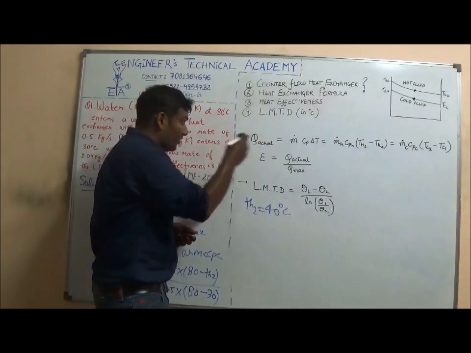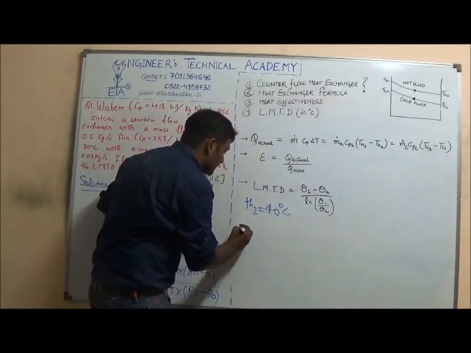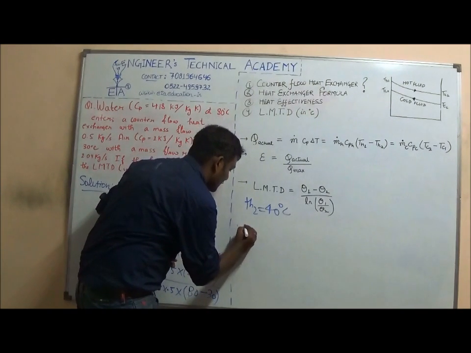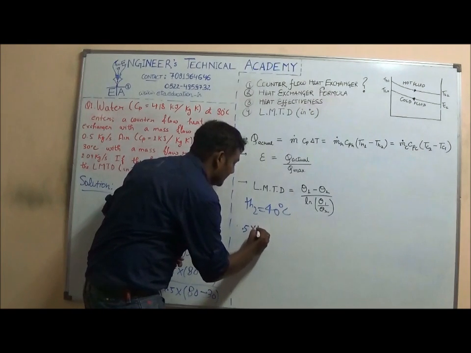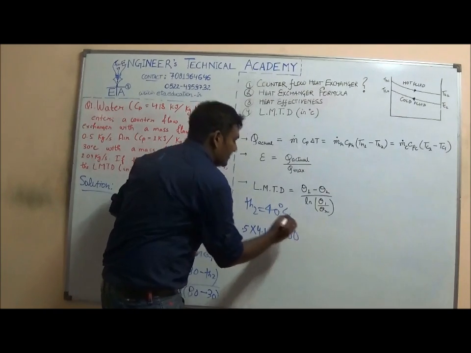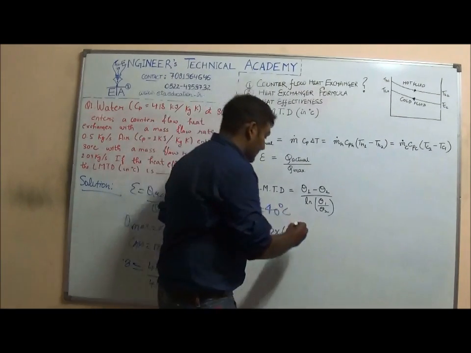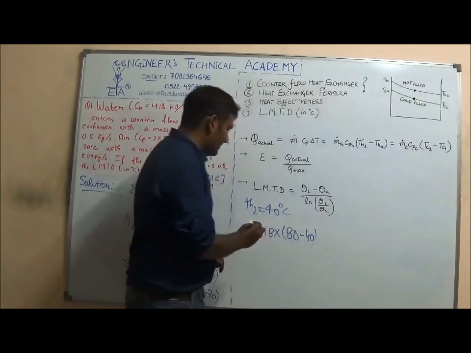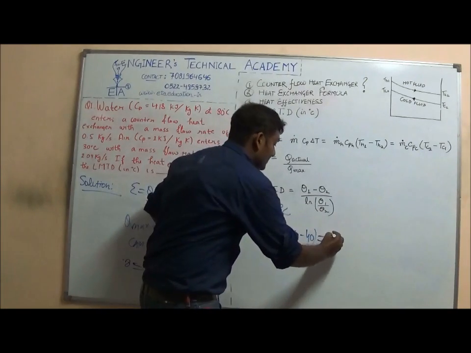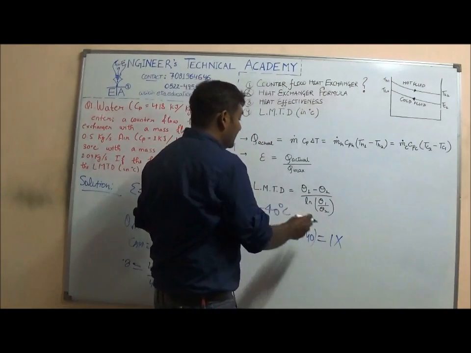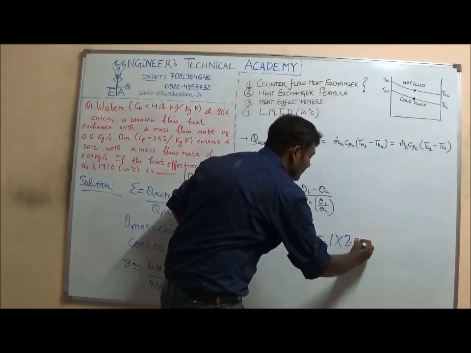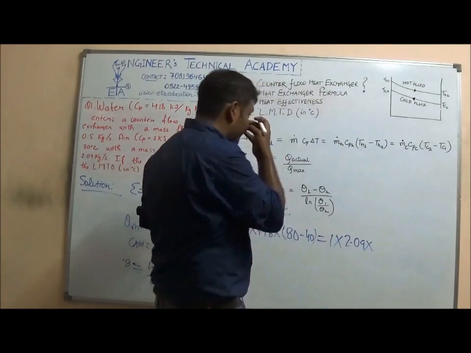Putting all the values in this equation, m dot h is given as 0.5, into 4.18 as CpH, into (80 minus 40) degrees Celsius, as we have found 40, equals m dot C, which is given as 2.09, into CpC, given as 1, into (Tc2 minus Tc1).